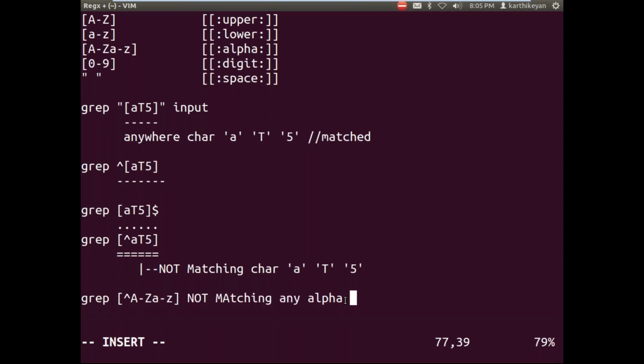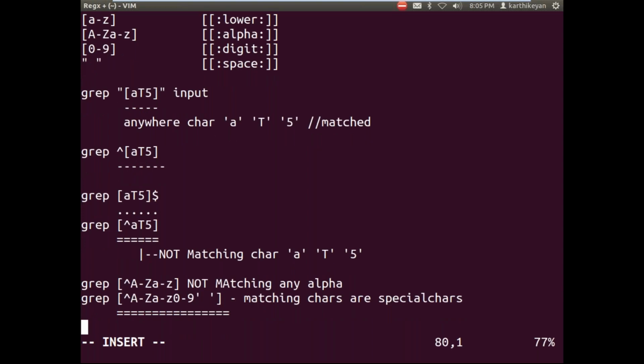Like this, if I write grep not matching any alphanumeric, including a space, then the matching characters are called special characters. So finding the special character is one pattern.